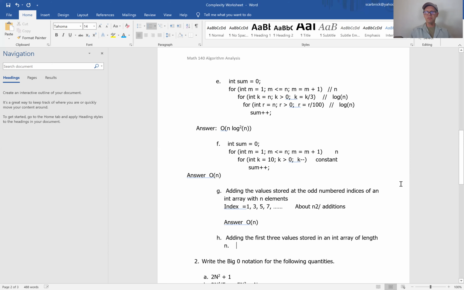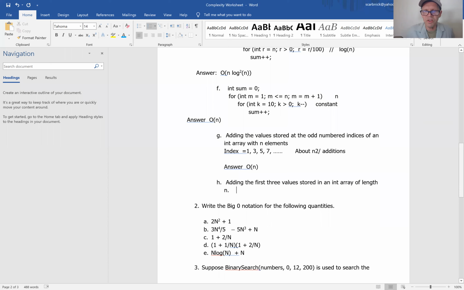Oh students, this looks like a fun problem, H. Notice that this has nothing to do with the length of the array. We're just adding the first 3 values. I'm assuming there's at least 3 values in the array, because otherwise that would be a problem. But if the array is size 1 million or size 100, it doesn't really matter.